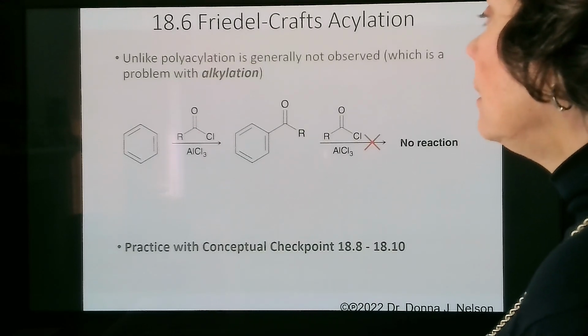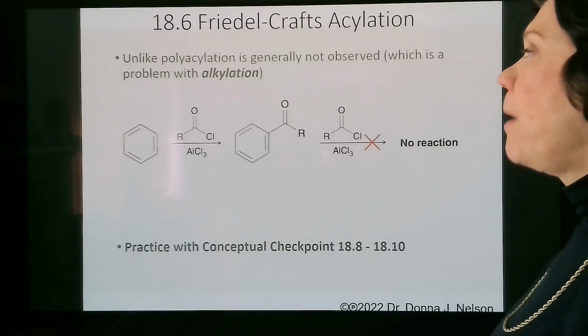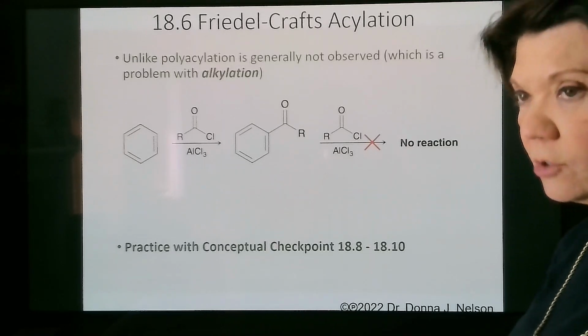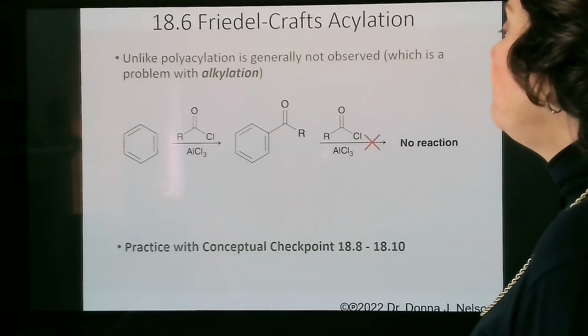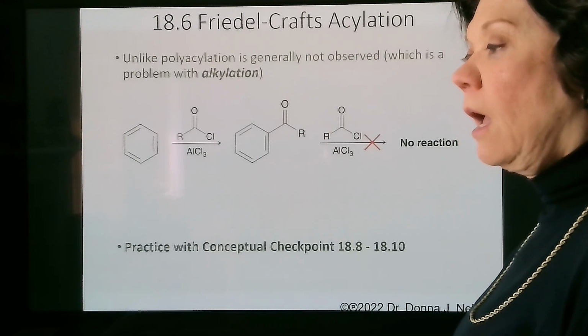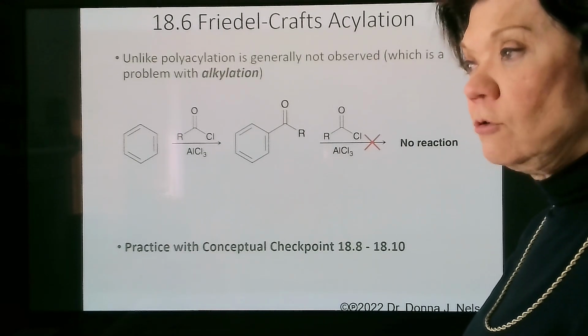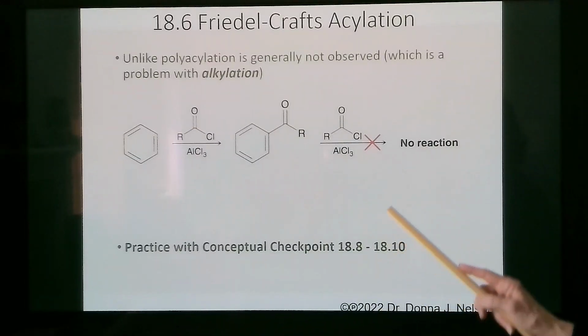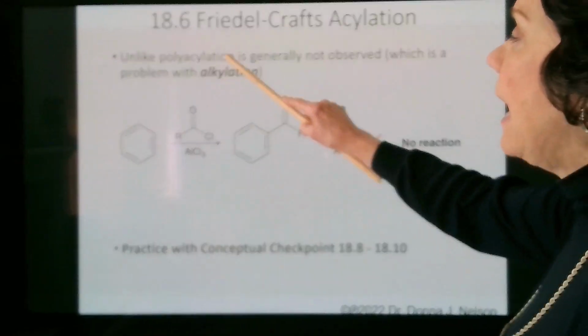And so we saw that polyalkylation was possible because the alkyl group activated the ring towards a second alkylation. But here you don't see polyacylation.